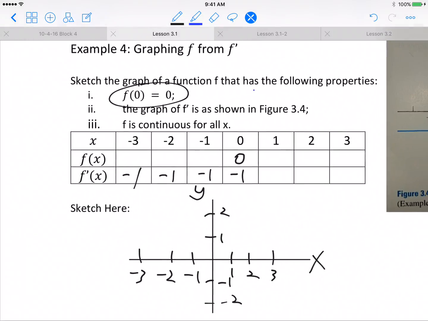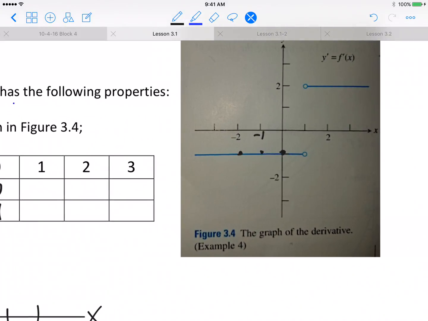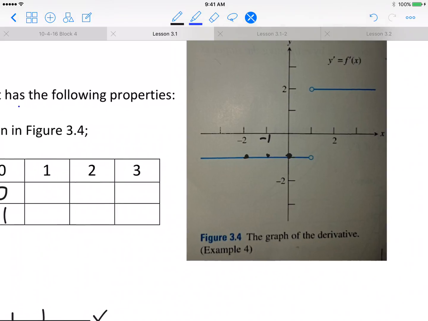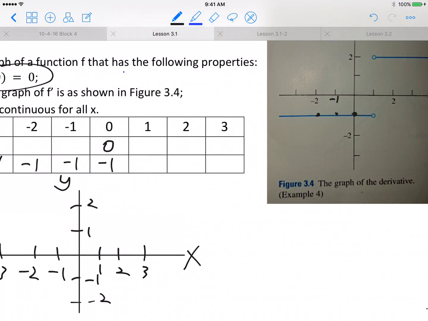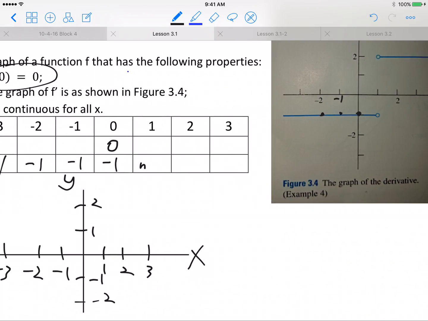But if you look at positive 1, you don't have a derivative there, because the left limit is different than the right limit. So at 1, you could say for now, no derivative at x equals 1.